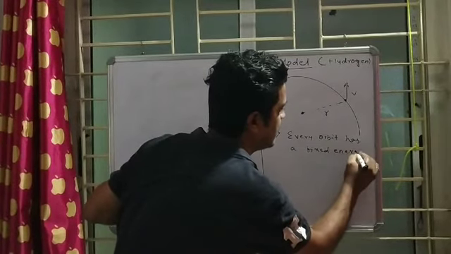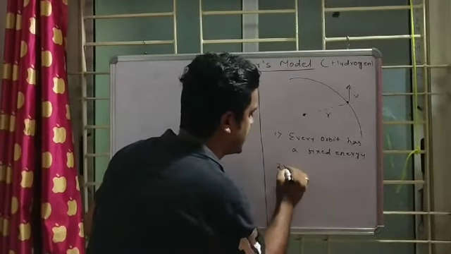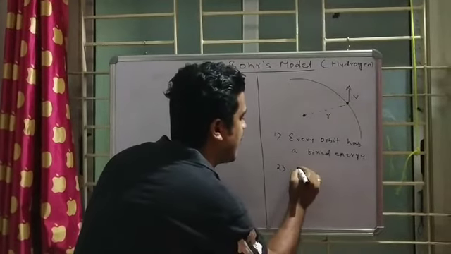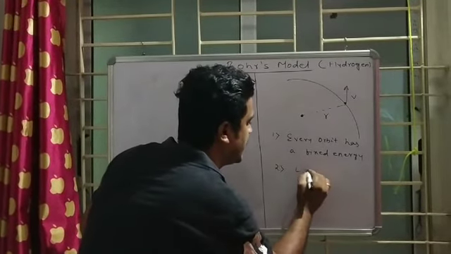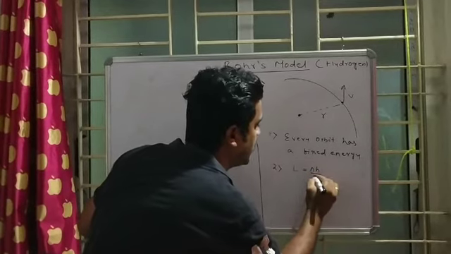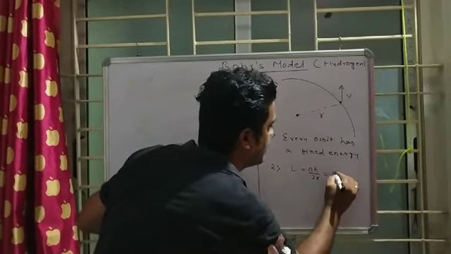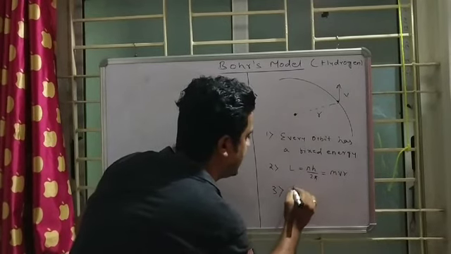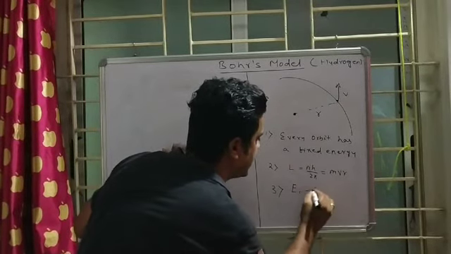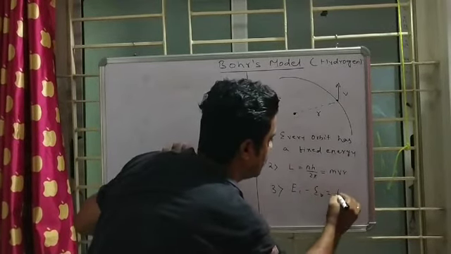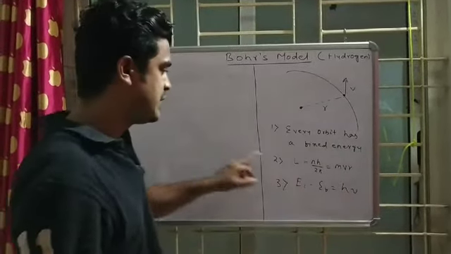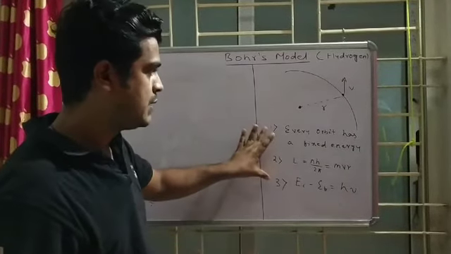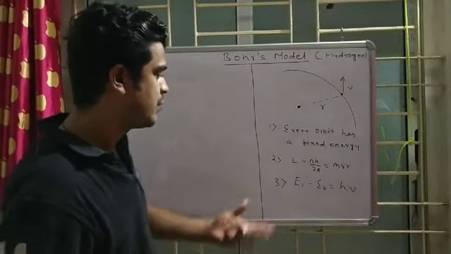Second, angular momentum equal to nh by 2 pi, where angular momentum is mvr. And third, remember, energy difference equal to h nu. So these two are formulas actually. These are the three postulates.